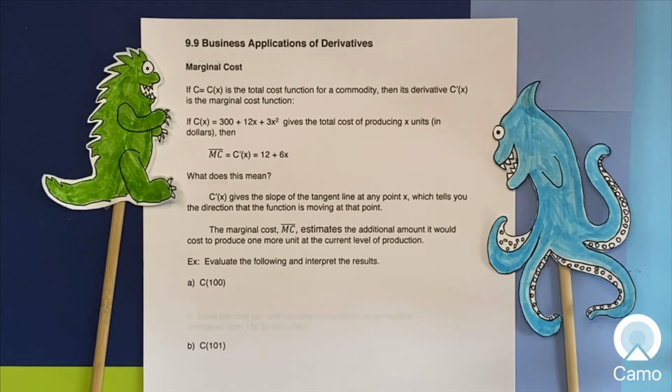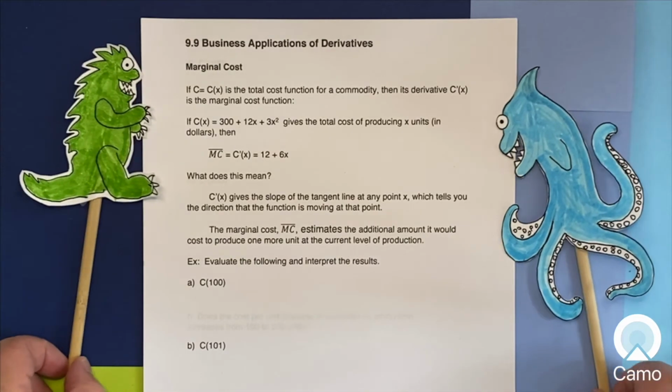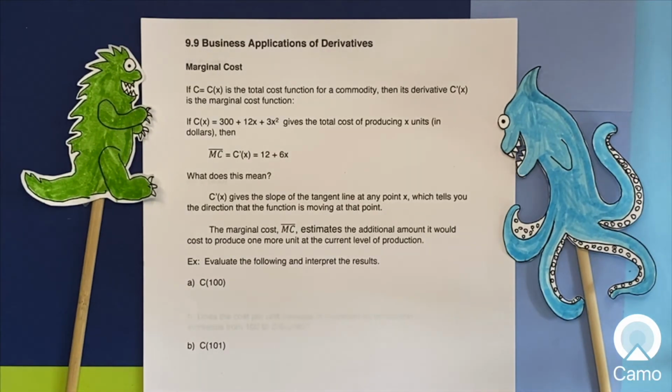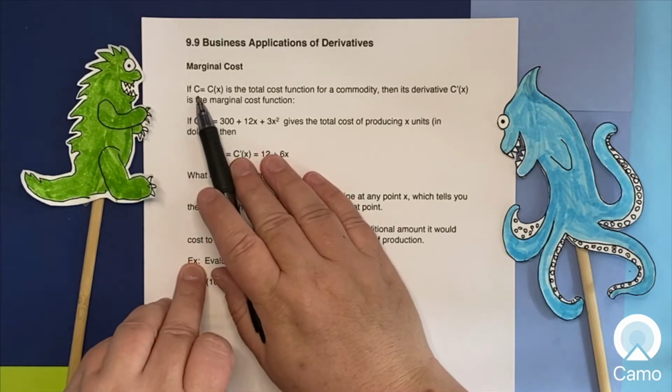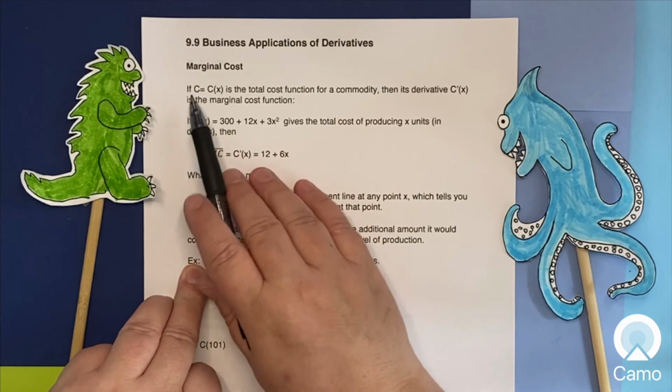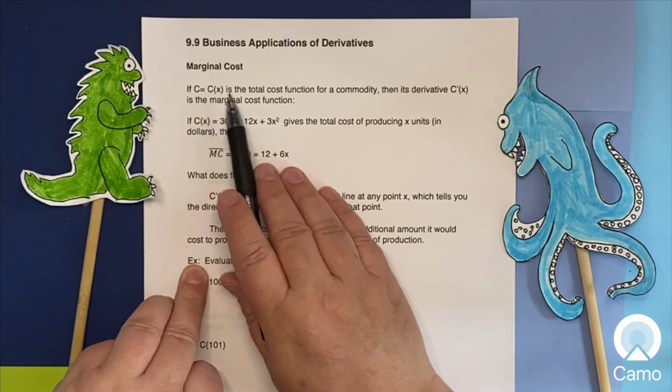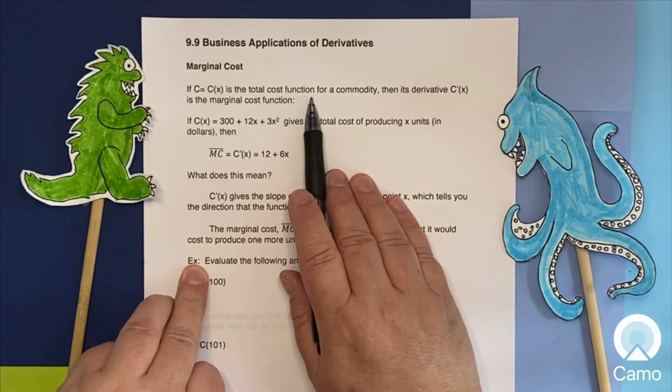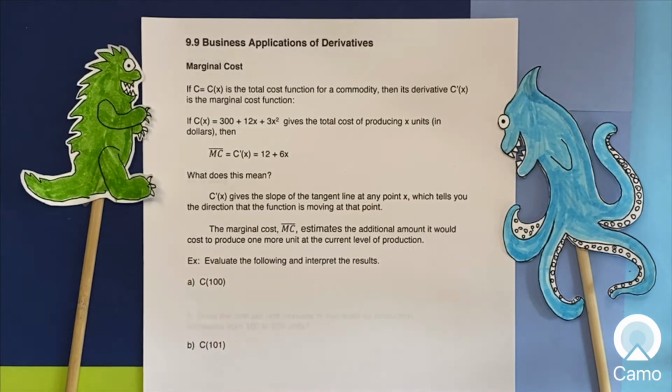Marginal cost, marginal analysis. It's very exciting. So if C, I copied this from the book, this is the way they like to phrase it, if C equals C of X is the total cost function. Total cost is very important. The fact that it's total cost means it's the cost for all of the units, not just the particular unit. So in other words, I'll make a note.